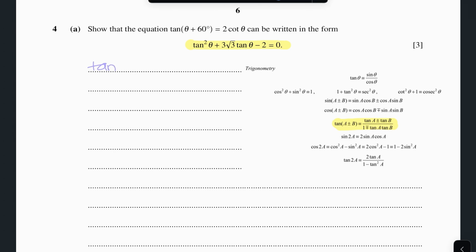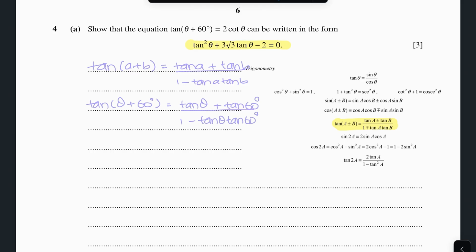We will use tan(a + b) = (tan a + tan b) over (1 minus tan a tan b). We have been given tan(theta + 60 degrees), so if we write that using this identity, we will have (tan theta + tan 60 degrees) over (1 minus tan theta tan 60 degrees).